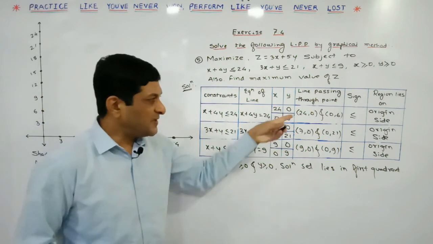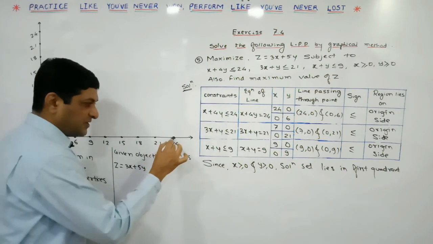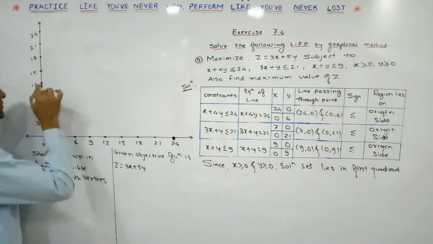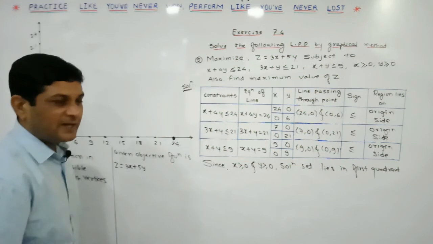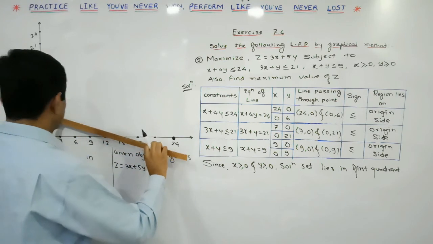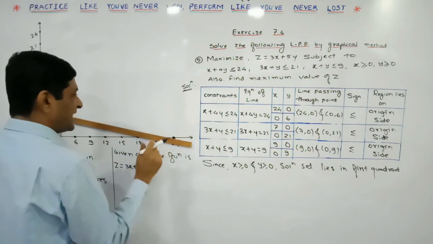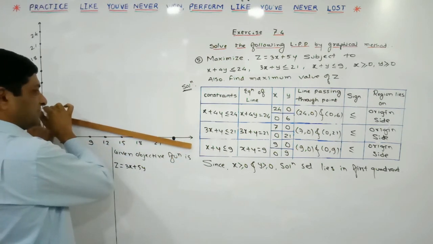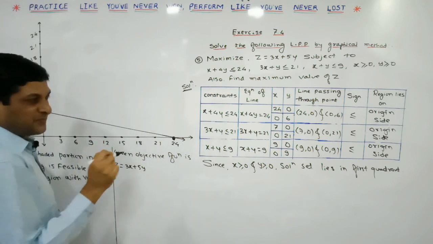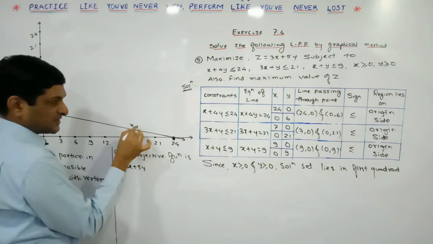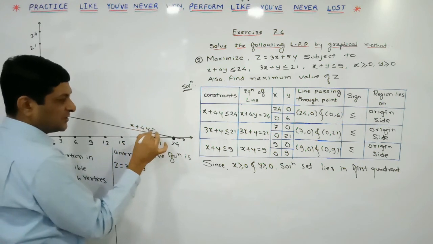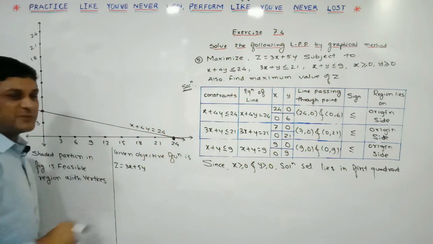Now observe that the first line passes through the points 24, 0 and 0, 6. So draw a line passing through the points 0, 6 and 24, 0. And what is the equation of the first line? The equation of the first line is x plus 4y is equal to 24. Now observe the second line.